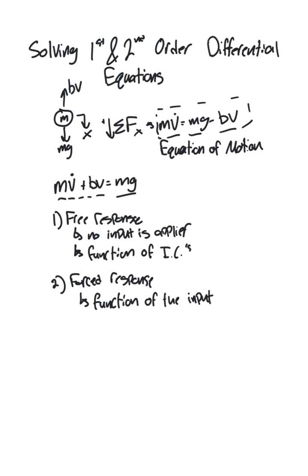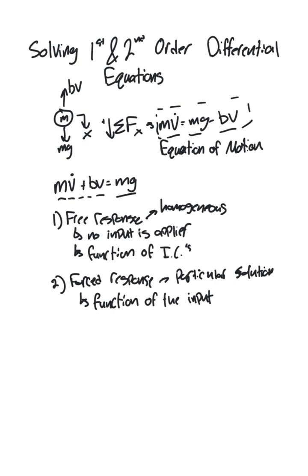So the way that we can do this is we're going to analyze the homogeneous response. We're going to get the homogeneous solution and then the particular solution. And we'll add those together to get the full solution to the differential equation.